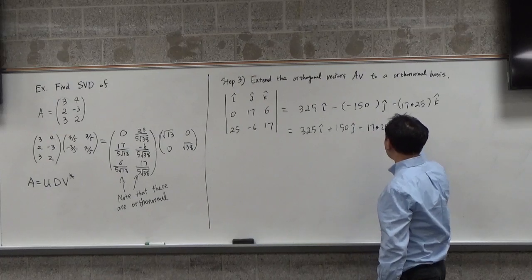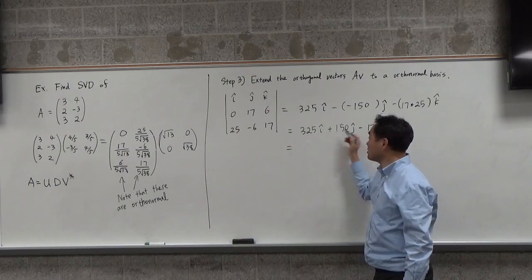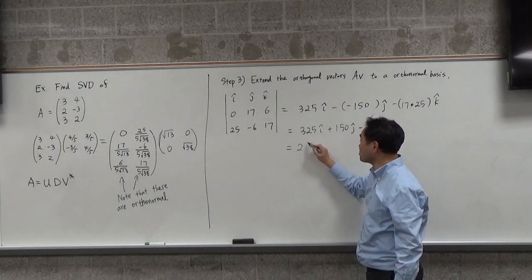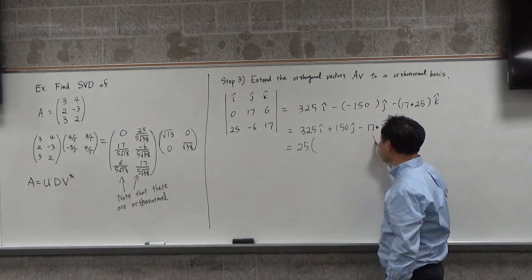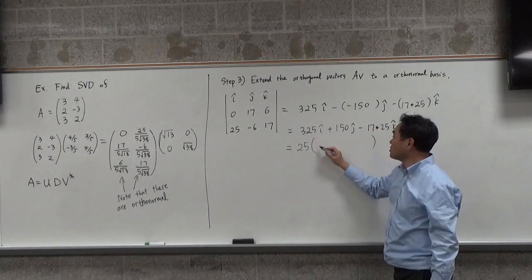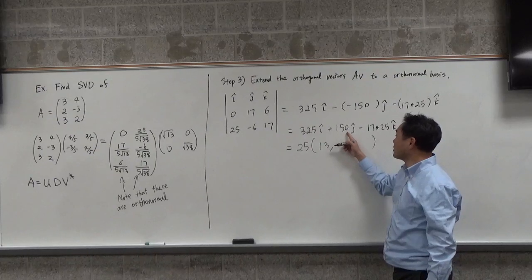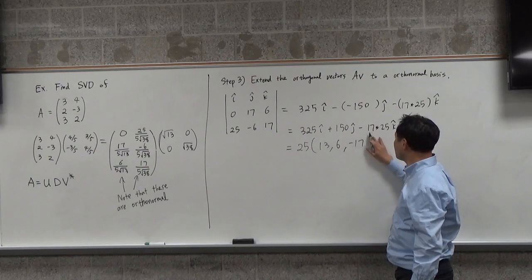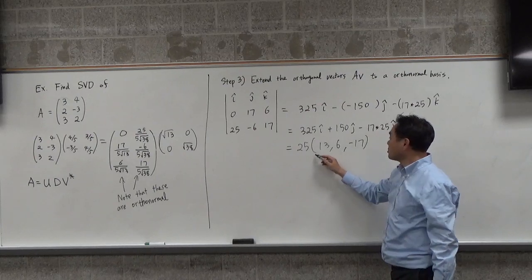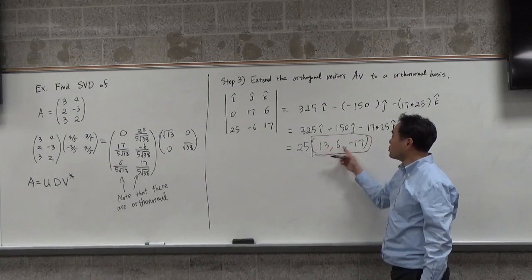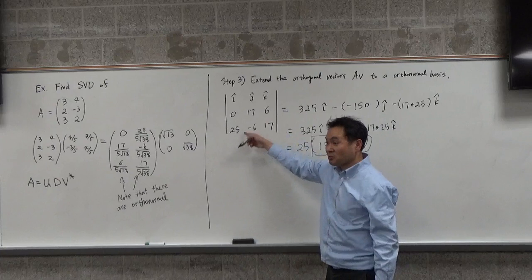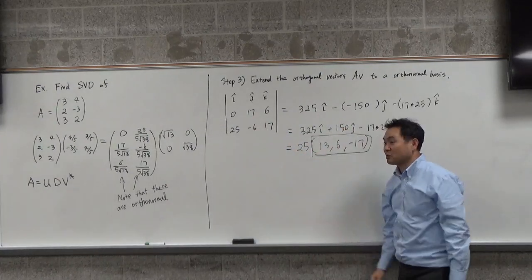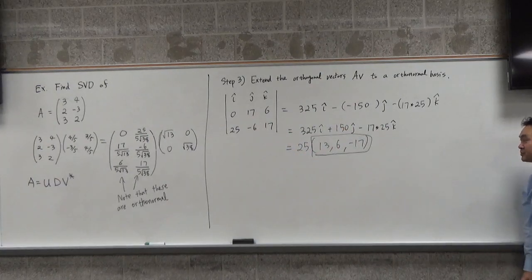But I don't want that because every one of these is divisible by 25, so I'm going to just take the 25 out. This is 13 times 25, this is 6 times 25, and this is negative 17 times 25. So this vector itself will be perpendicular to both of these vectors. We don't need the 25, so we just have that vector.